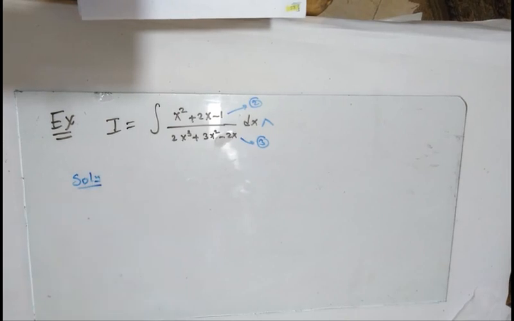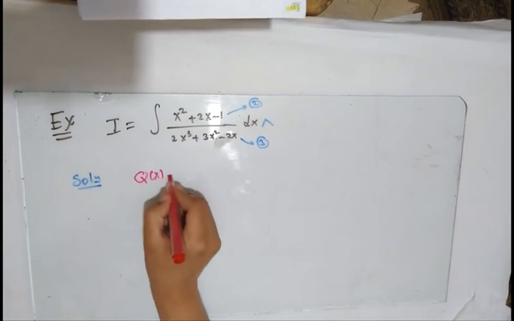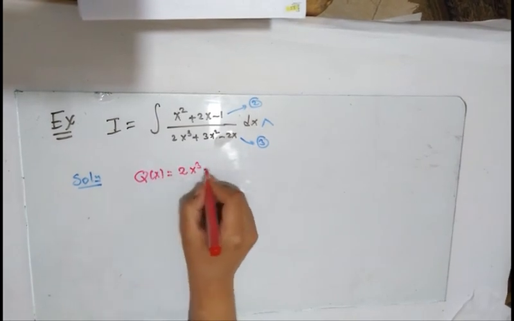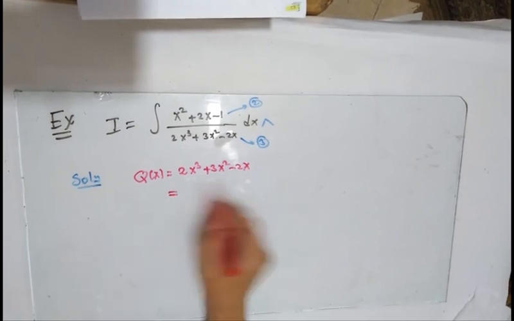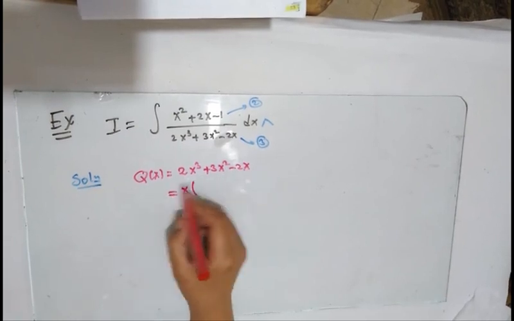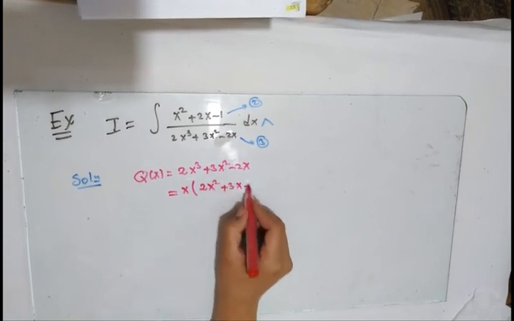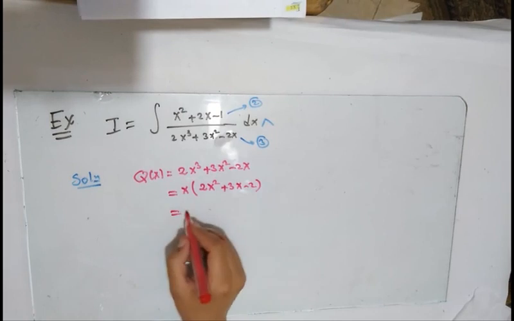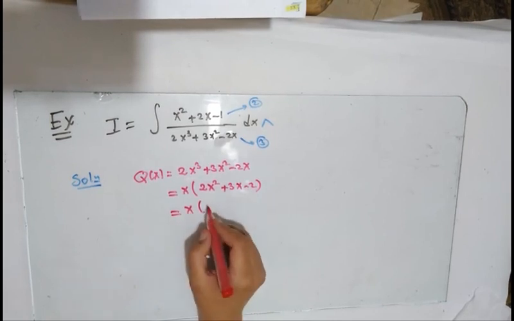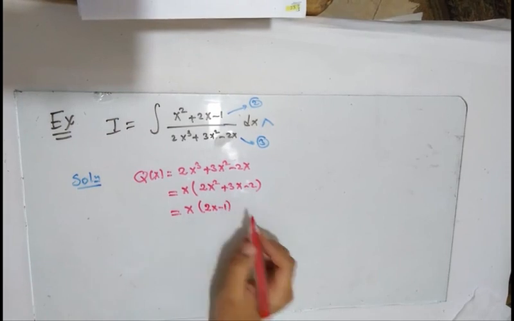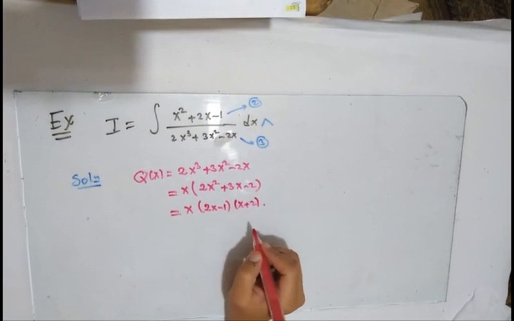The first step is to factorize the denominator. So q of x equals 2x cubed plus 3x squared minus 2x. It's easy to see that we can take x as a common factor. So here you have x times (2x squared plus 3x minus 2), and this can be factorized easily into a product of 2 linear factors, which is (2x minus 1) times (x plus 2).